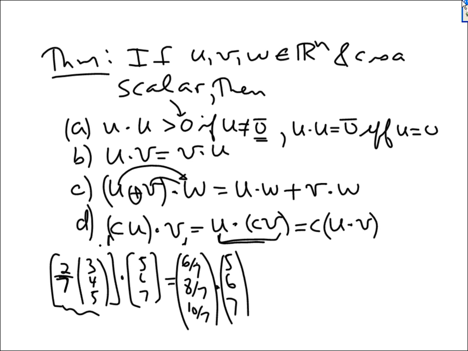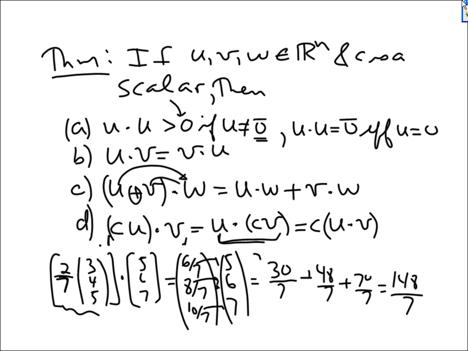Okay, you have to multiply these, and now you get 30 over 7, and then this product is 48 over 7, and this product is 70 over 7, and you get 148 over 7, it looks like. And there were lots of fractions going on.